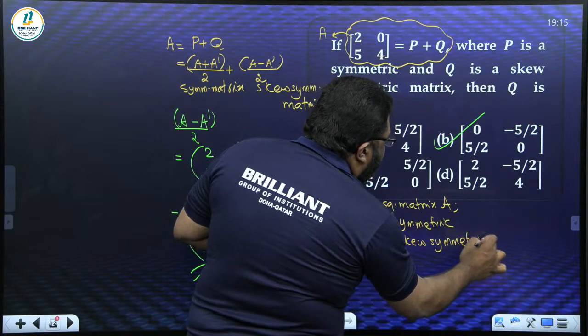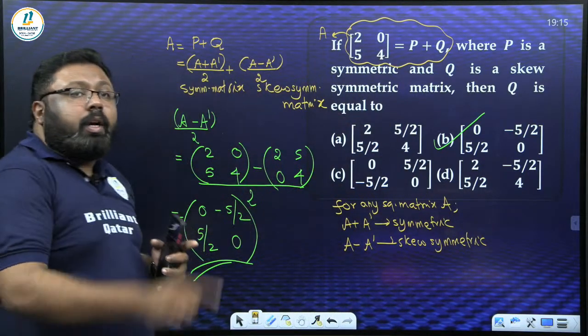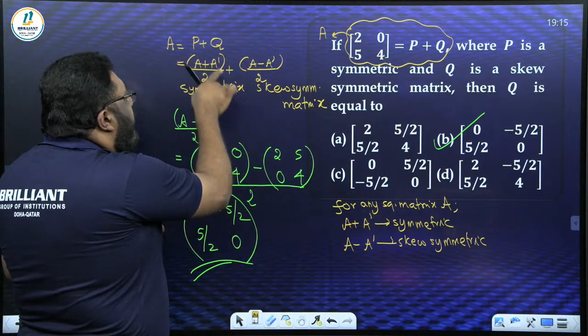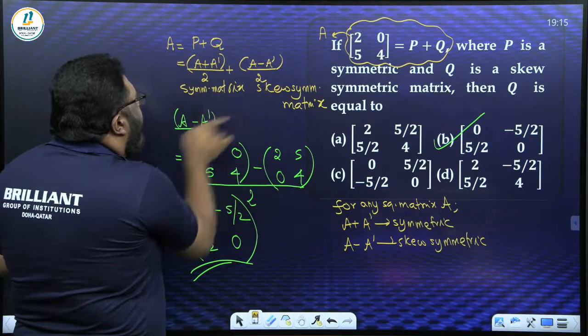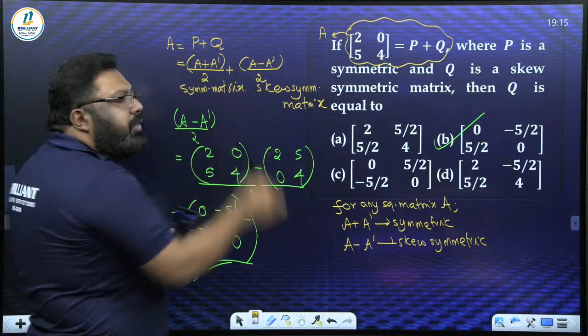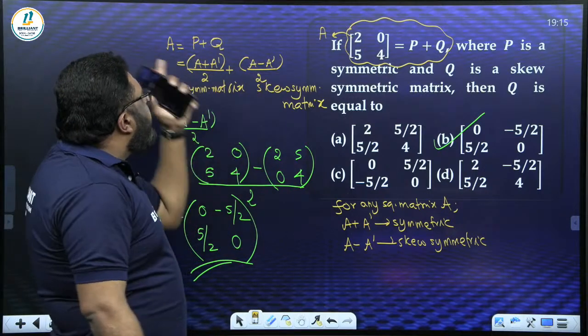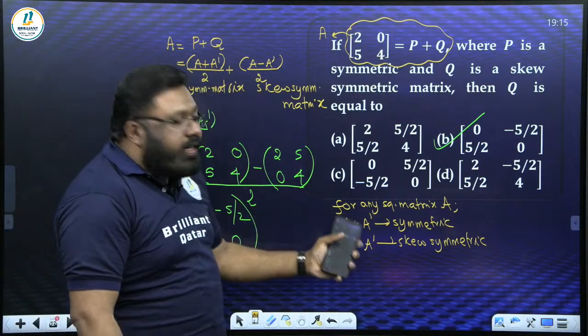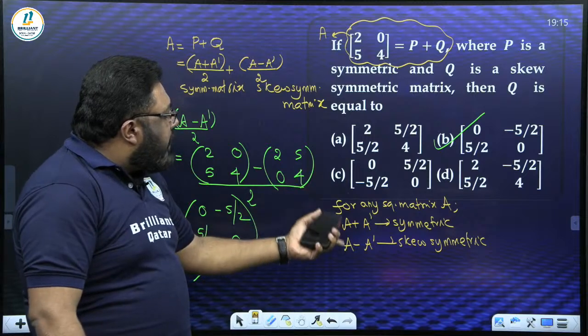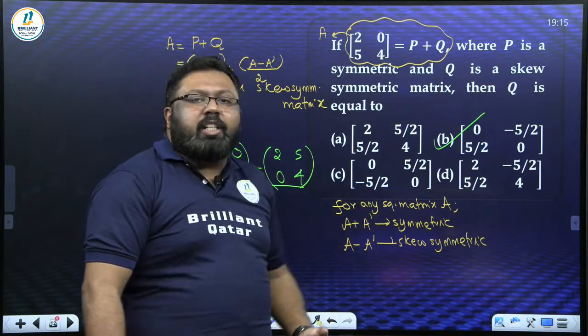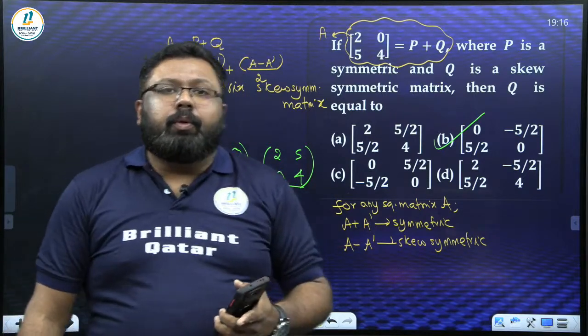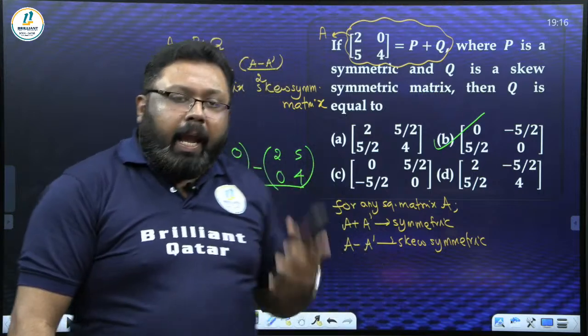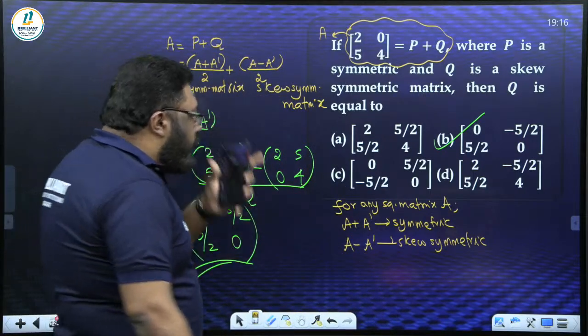This expression that I gave you is to convert a symmetric plus a skew symmetric back to A. For that I have to add and divide by 2, then only I'll get A. But this is a straightaway question where the sum of a matrix and its transpose always gives you a symmetric matrix. A minus A dash is skew symmetric.